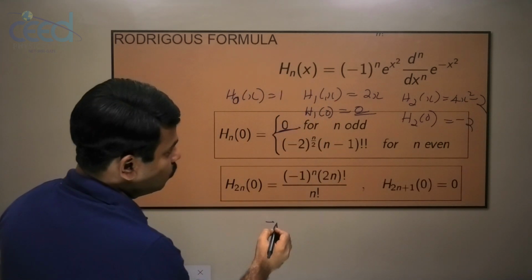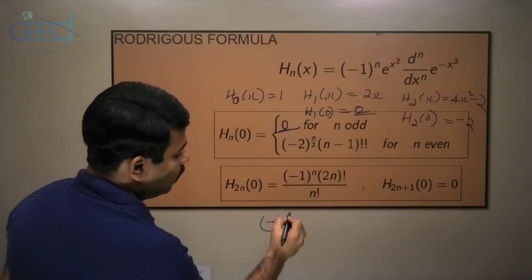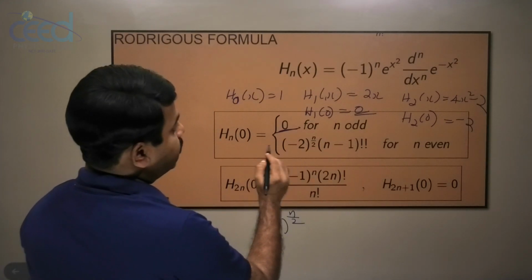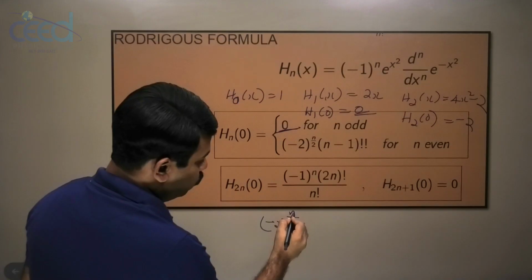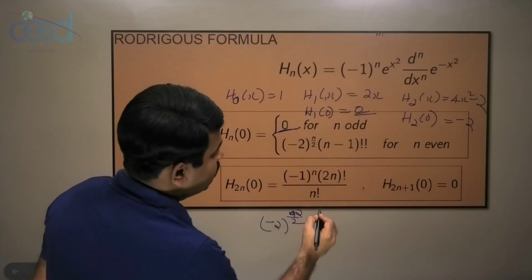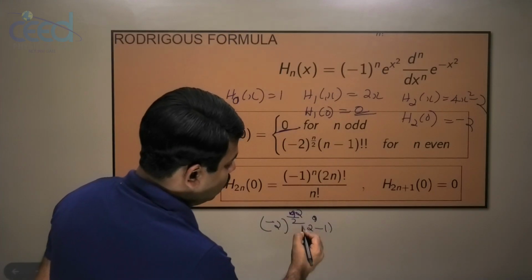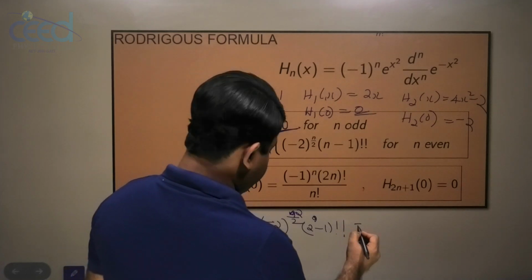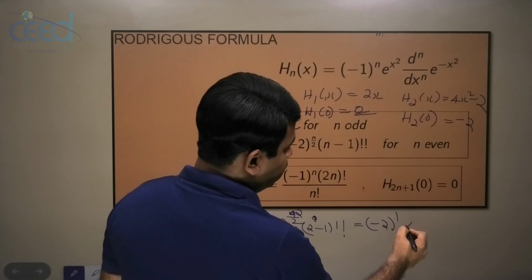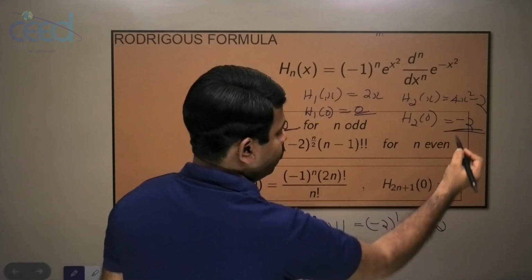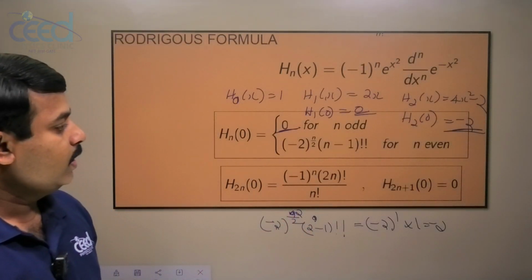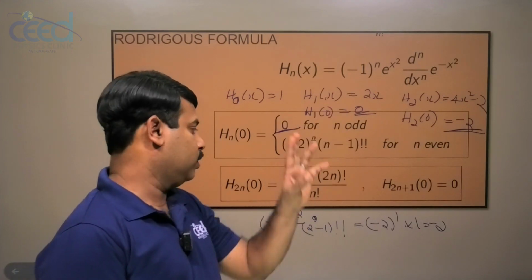Let us verify this by the formula, minus 1 raised to n by 2, so h2 of 0, then n equal to 2, 2 divided by n minus 1 double factorial, that is 2 minus 1 double factorial, then minus 1 raised to 1, and 1 double factorial is 1 only, that is minus 2. Here also we got minus 2, right? Understood? So these values are possible to verify.